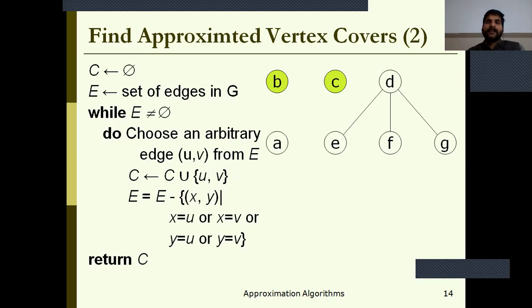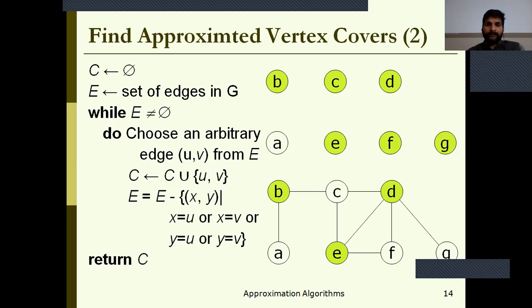Now next we select the edge EF, and vertices E and F cover three edges like that. Now next we choose D and G, and all six vertices cover all edges. This is the approximation cost of this vertex cover problem.